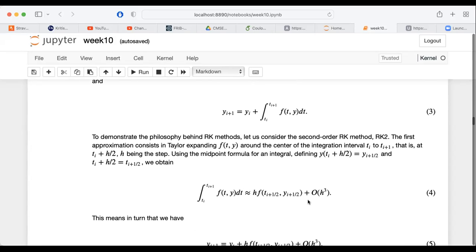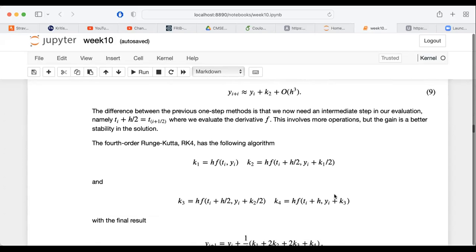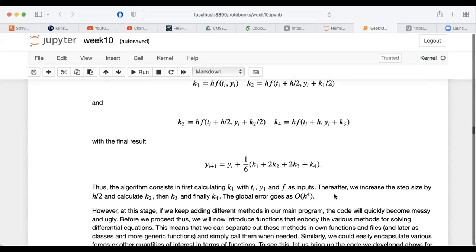One of the methods here, which is called the rectangular rule, gives an approximation which goes like delta t or h, which is the step size, to the power of 3. There is another method, which is then called the RK4 method, where you actually integrate an integral using Simpson's rule, and that gives a global error which goes like the step size to the power of 4.